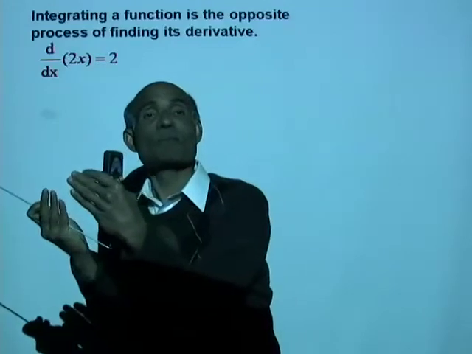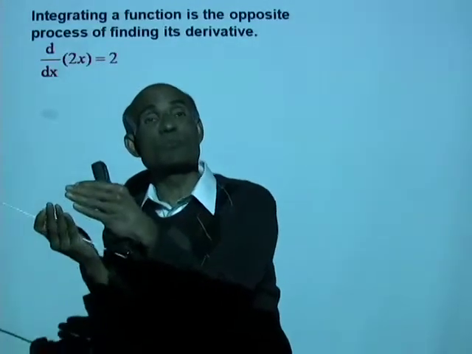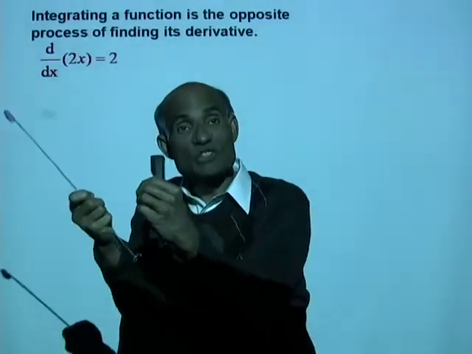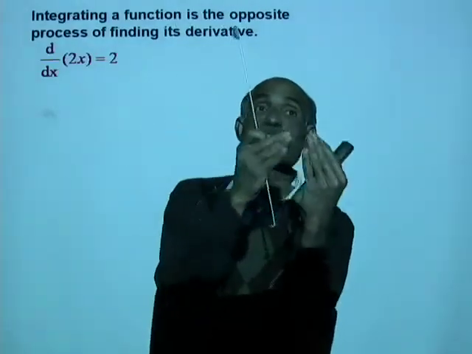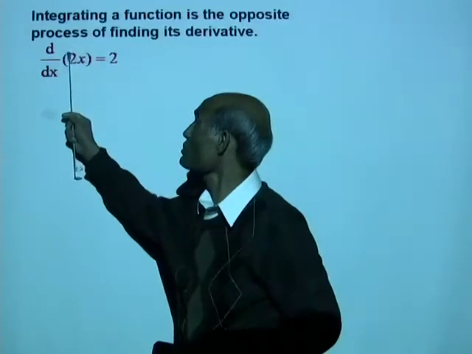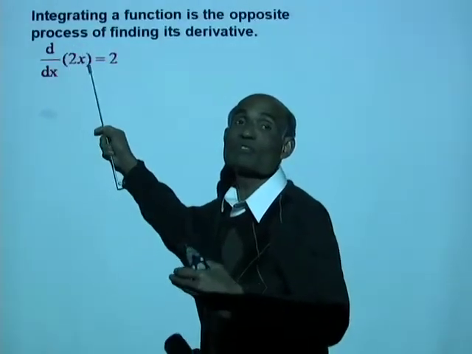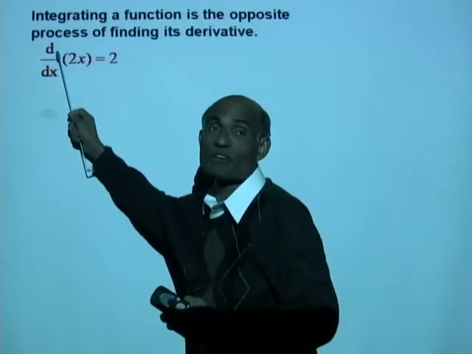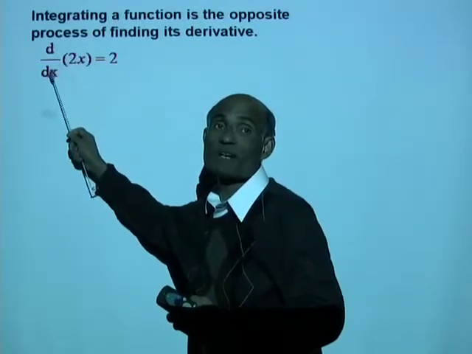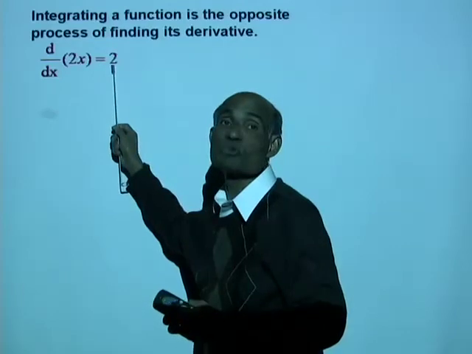Because integration is the process of summing all the rates of change to get your original function back. This is your original function, y equal to 2x. If you find the derivative of 2x with respect to x, you get 2.